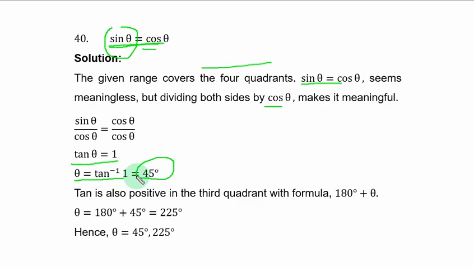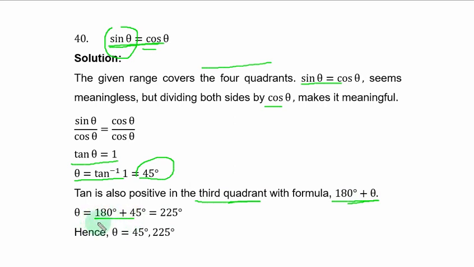You check again the quadrant where tangent is positive, and that is the third quadrant, with formula 180 degrees plus theta. To get the other value of theta, you add it to 180.